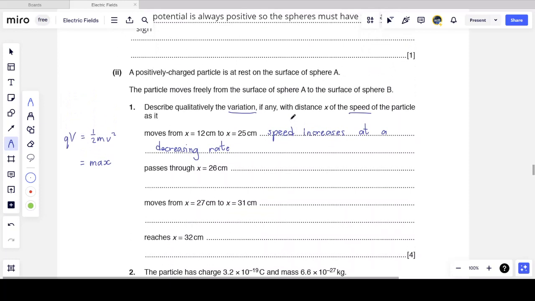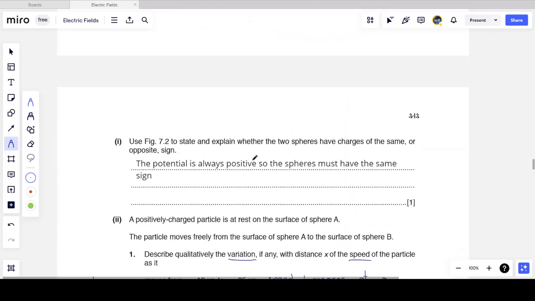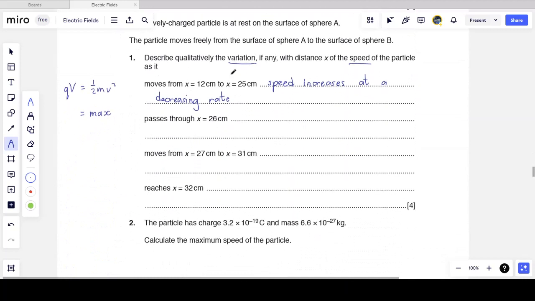And so what happens is the acceleration also has the lowest value, and the graph is not changing. So there's a flat spot for an instant in time at 26 centimeters, which means the speed is now maximum. So there comes a point where the acceleration stops decreasing, reaches zero for a very brief time, and then the speed is a maximum.